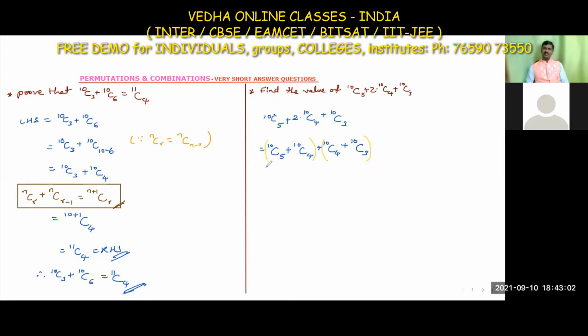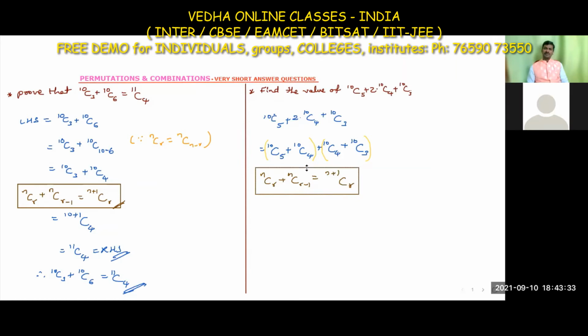So this formula we can apply: NCR plus NC(R minus 1) is equal to (N plus 1)CR, with 10 being N. Whichever is bigger, that bigger value we will take.